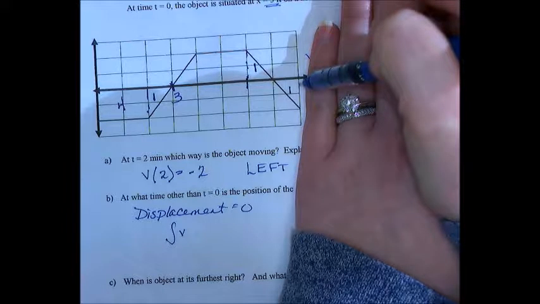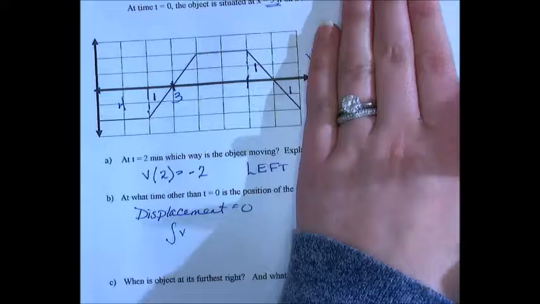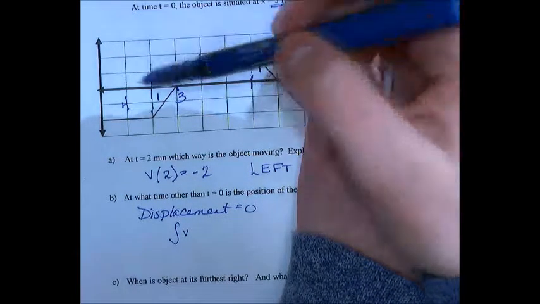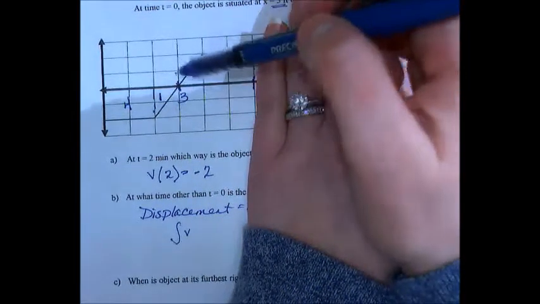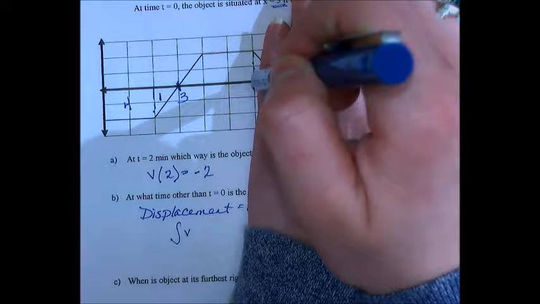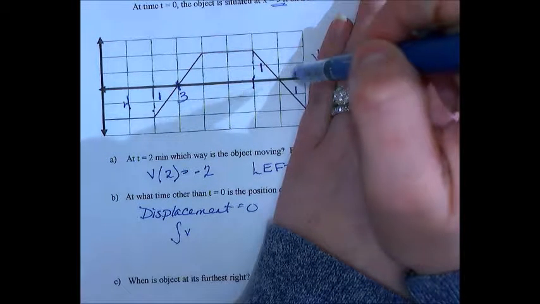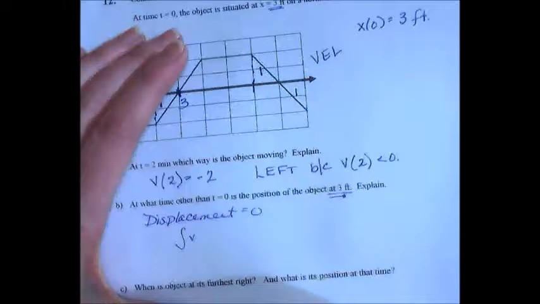So you have a displacement of 0 over the course of this entire graph, which is our 0 to 8 minutes. So from 0 to 3, 4, 5, 6, at 6 minutes, I have a displacement of 0. And then again, at 8 minutes, I also have that displacement of 0.